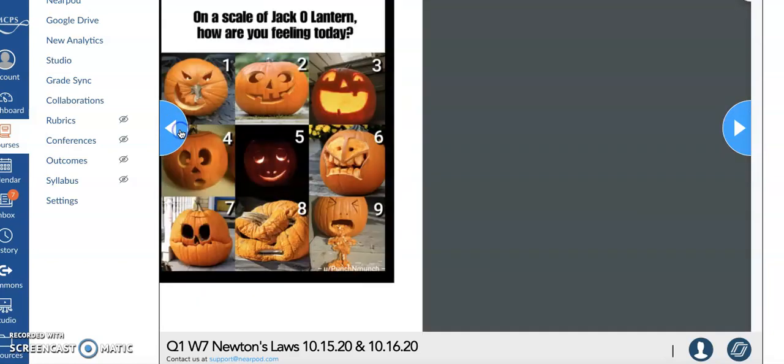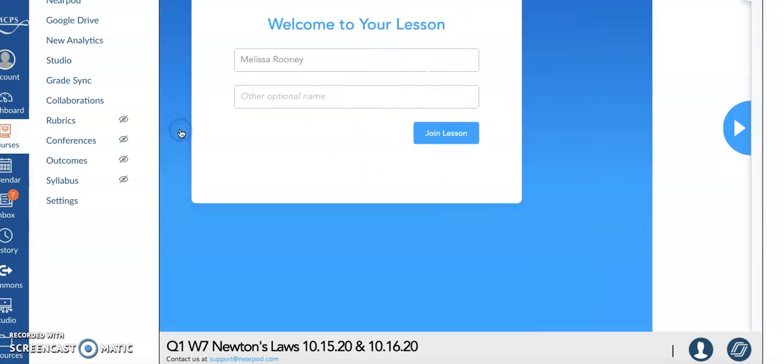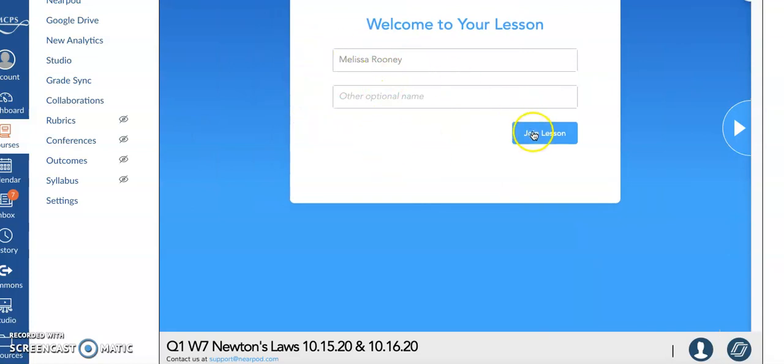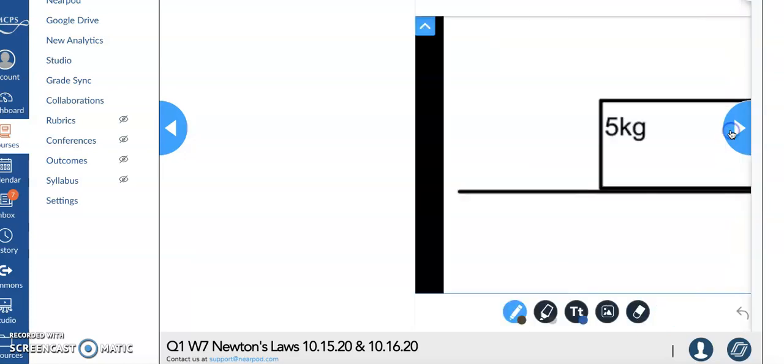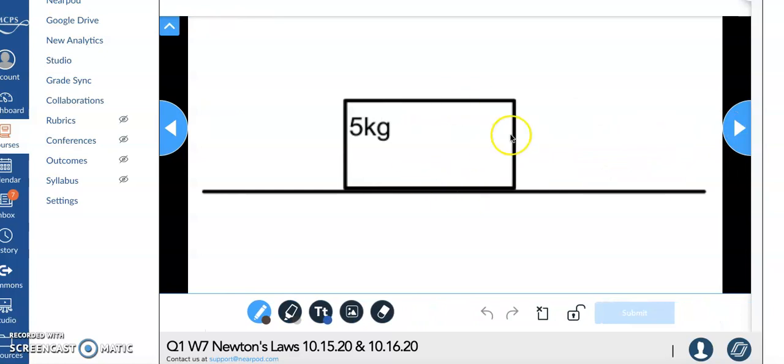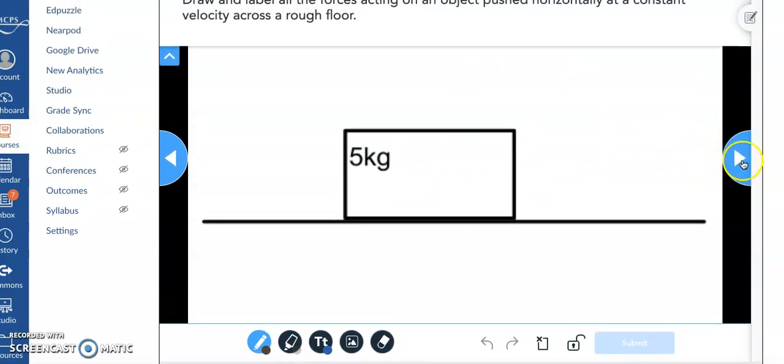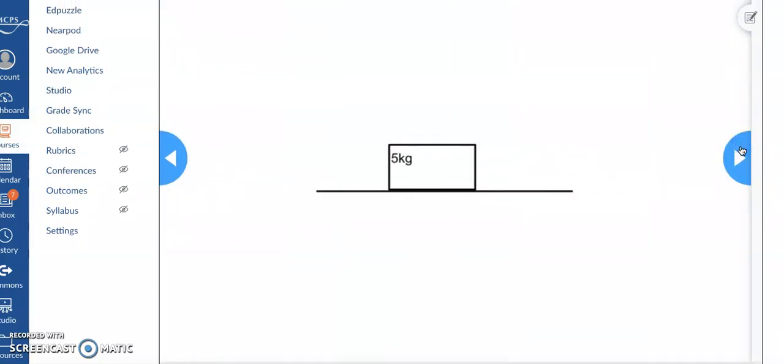So again, if you were absent from class, make sure to fill out this first slide to hit the Join Lesson button so that way it records your responses and you would get credit for completing this after the fact if you were not present in class. If you want to try it again and see how you do, that is also an option. So again, these are here for you to practice with the questions at hand. So that is where you would find the Nearpod.